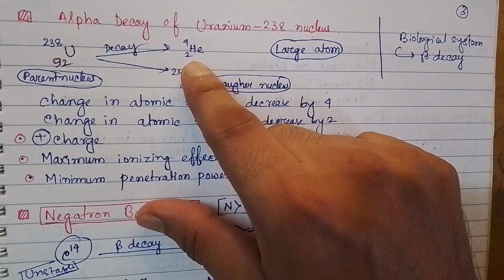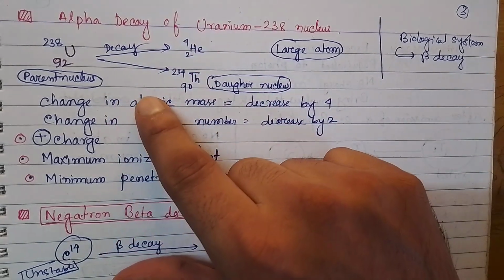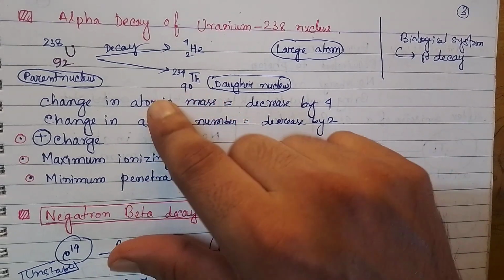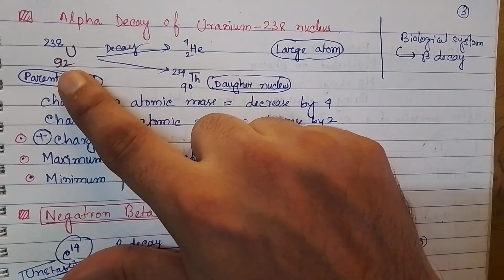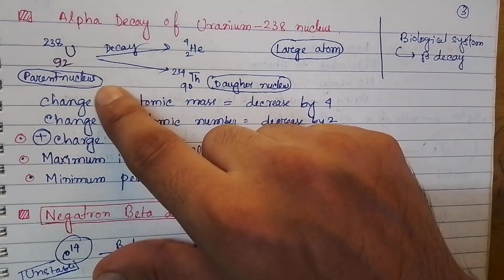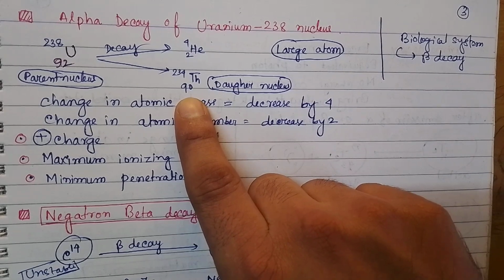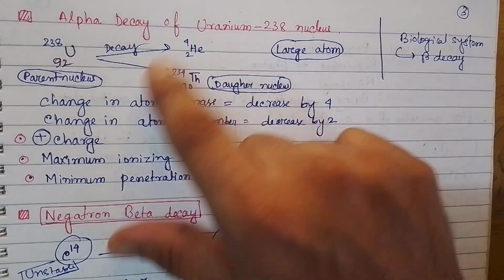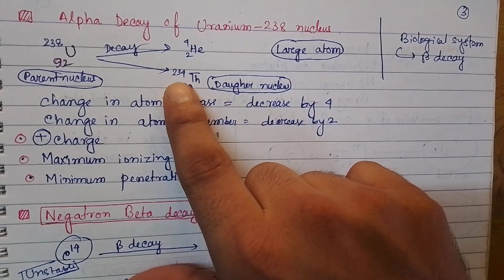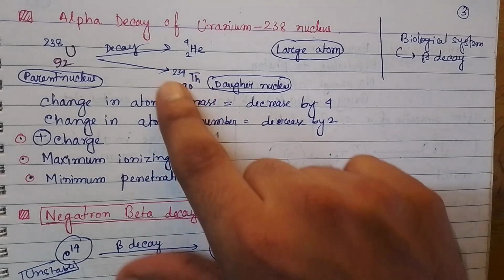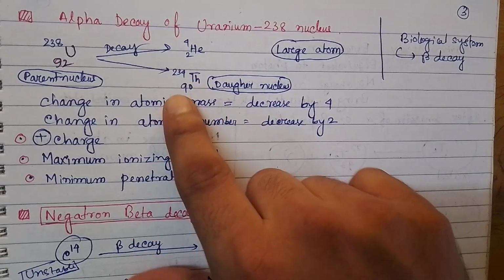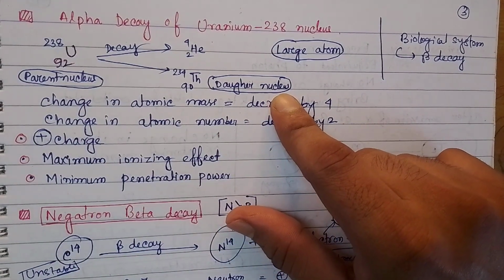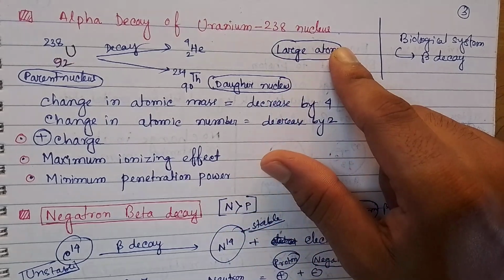It is converted to thorium. Since 2 protons are lost, the atomic number becomes 90, and the mass becomes 234. So uranium is the parent nucleus and thorium is the daughter nucleus. This is the alpha decay of the uranium 238 nucleus.